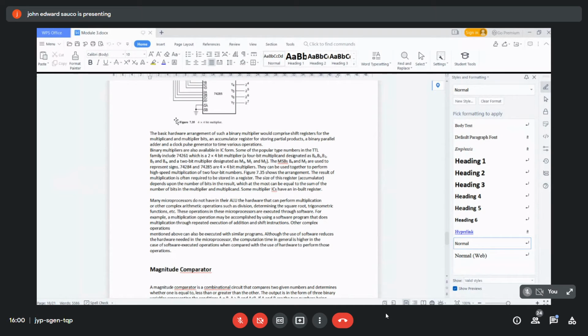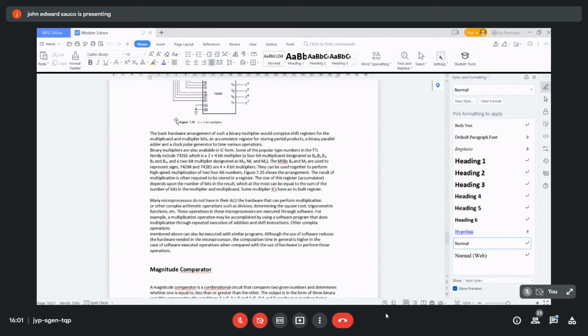So, yung multiplier ay available din sa IC form na sa TTL, include 74-61 bilang 2x4 bit multiplier. So, ito ay 4-bit na multiplicand designated sa B0 to B3. And then, 2-bit multiplier designated sa M0, M2, M3. So, yung most significant bits na P4 saka M2 are used to represent sign. Okay, so sign.